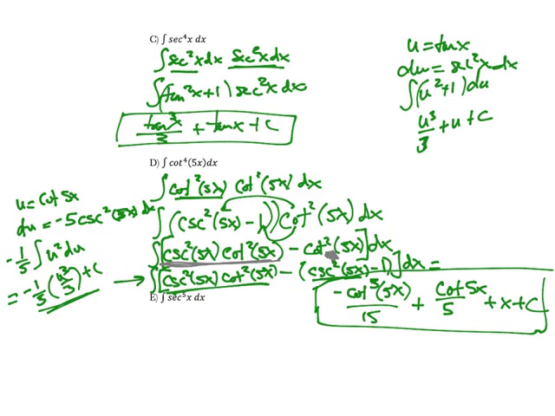Now, what I will tell you is that this last example that I have on here is a little bit of a trick, because if I rewrite secant to the 5th as secant cubed x times secant squared x dx, I know that I can change that to tangent. I know that I could write this as secant x times secant squared x times secant squared x dx.